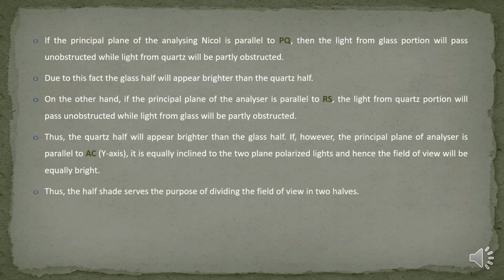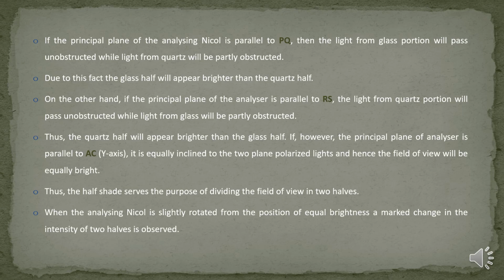Thus, the half shade serves the purpose of dividing the field of view into two halves. When the analyzing nicol is slightly rotated from this position of equal brightness, a marked change in the intensity of the two halves is observed.